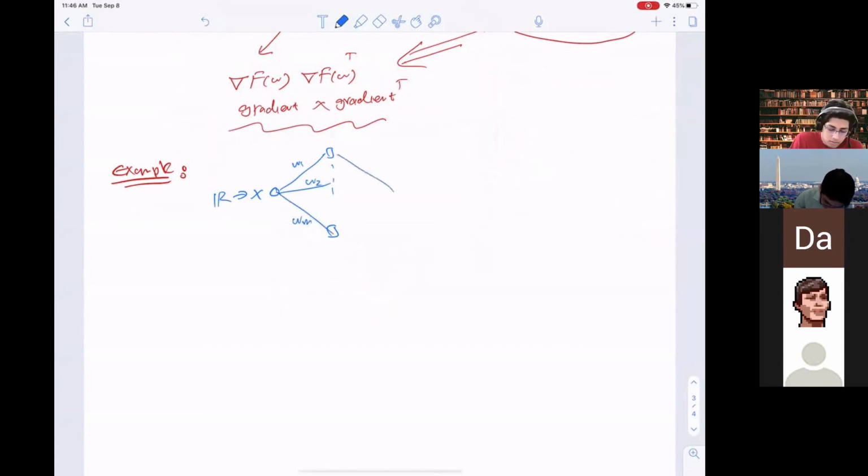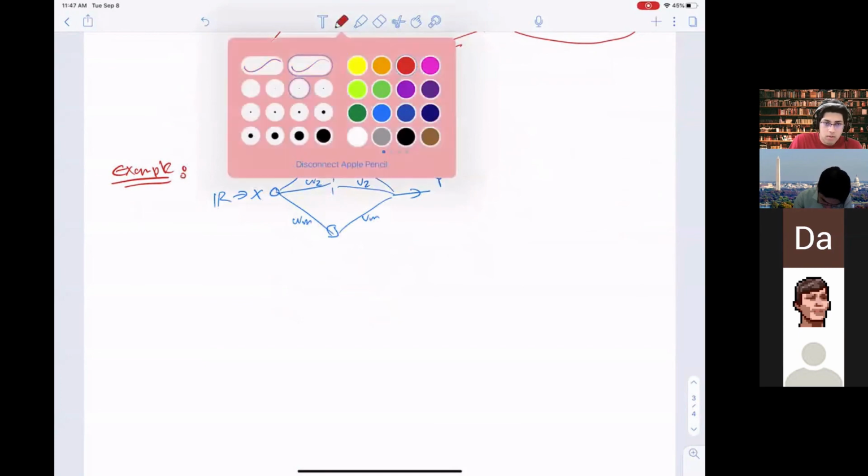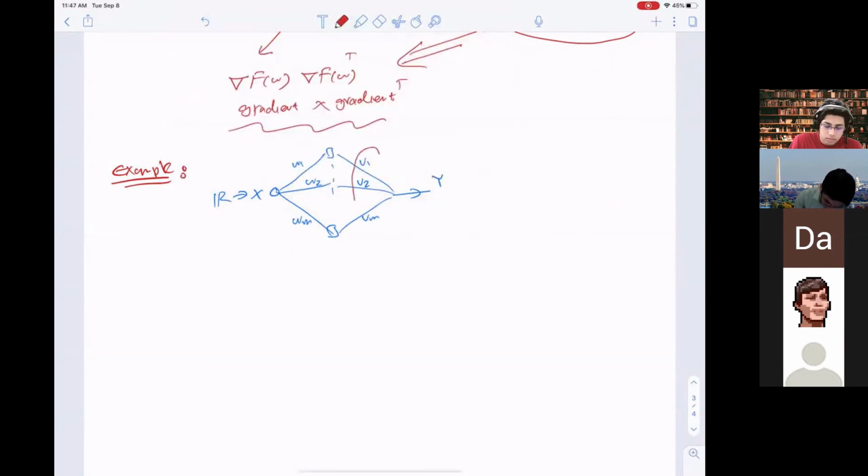And I have my second layer. The weights are V1 to Vm. And this is my output Y. For the simplicity of the argument, we are going to assume these weights are fixed, and they're uniformly sampled either from +1 or -1.